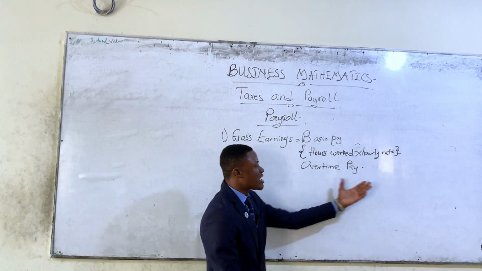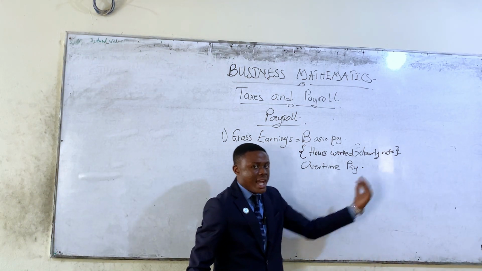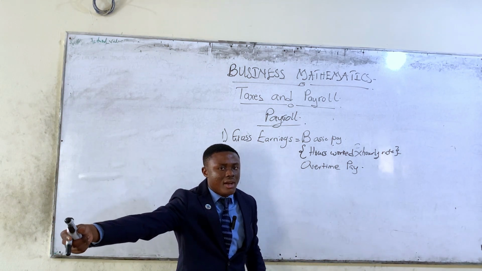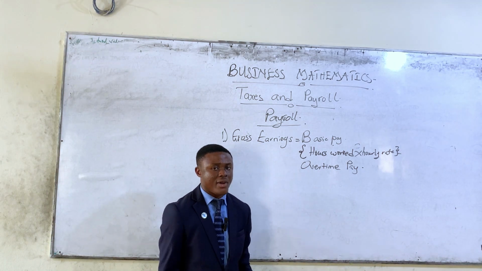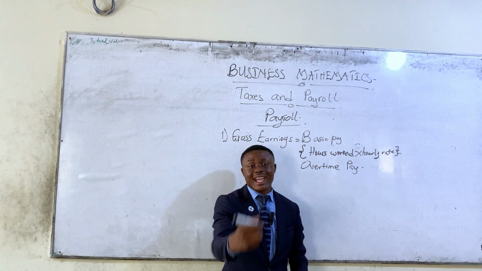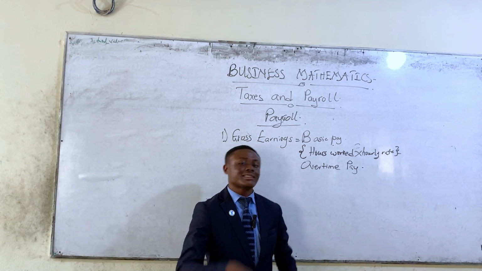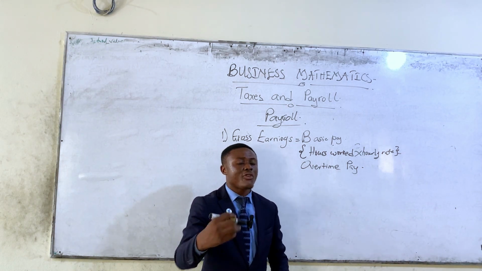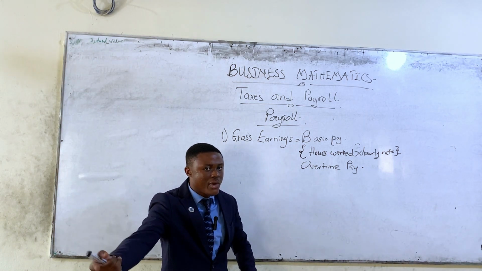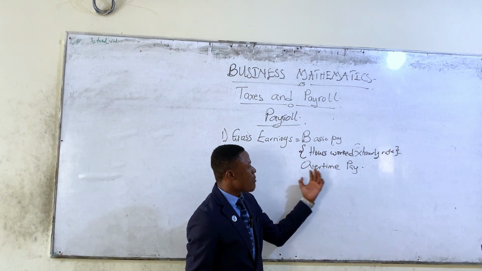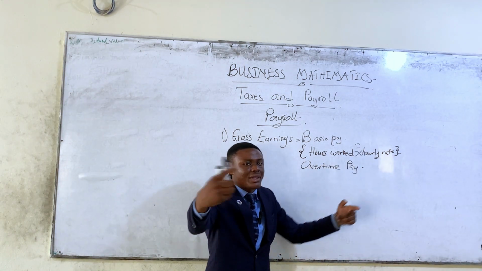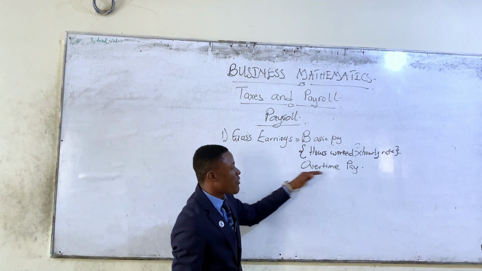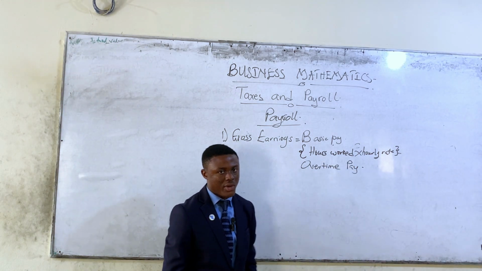They are going to give you your overtime hourly rate, and then you multiply it by the number of hours overworked beyond your normal number of hours. So in case you're expected to work 8 hours in a day and you work 13 hours, it means you have overworked 5 hours. That number of hours overworked is multiplied by the overtime hourly rate. That is when you get your overtime pay. Are we good? Great.